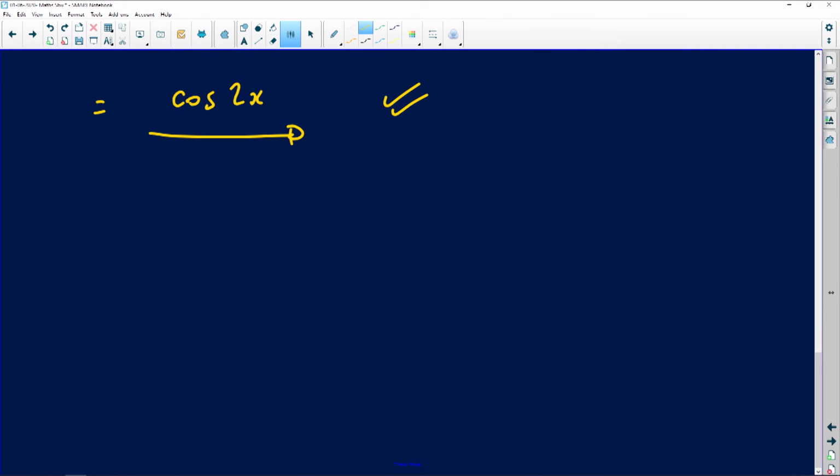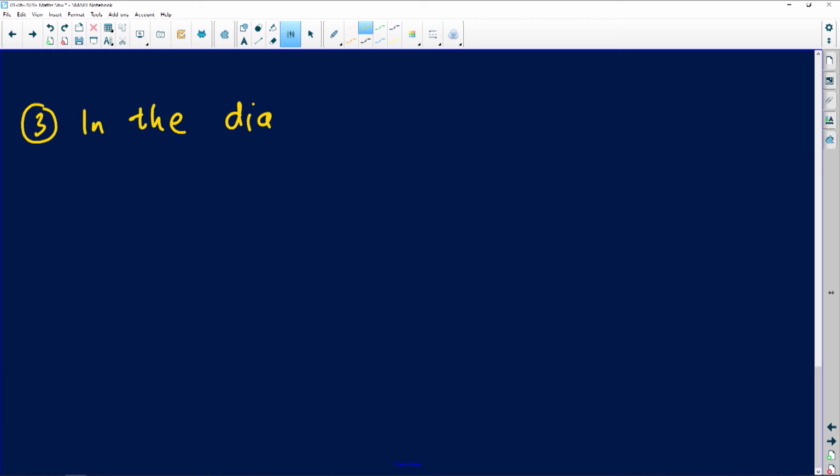The next question is also very nice. It's asking us something very nice. So this is number 3, which happens to be the last part of what you're looking at here. They say in the diagram, we have something very nice happening.